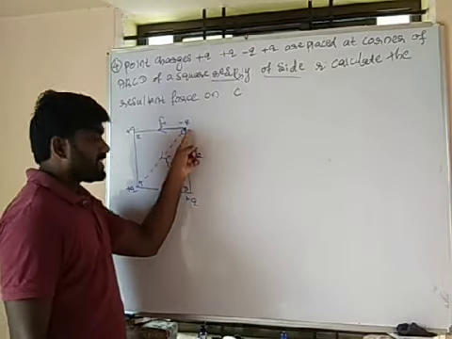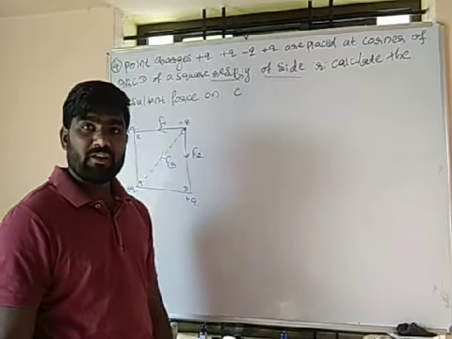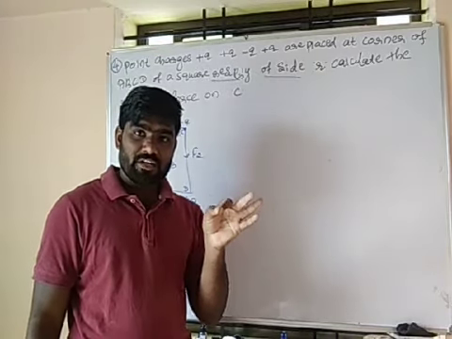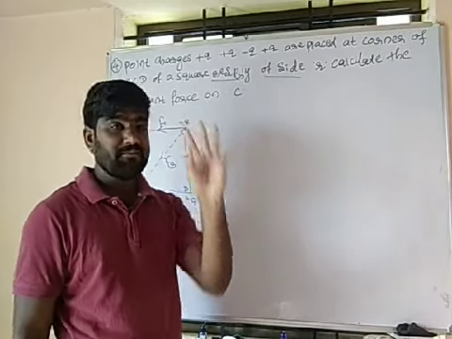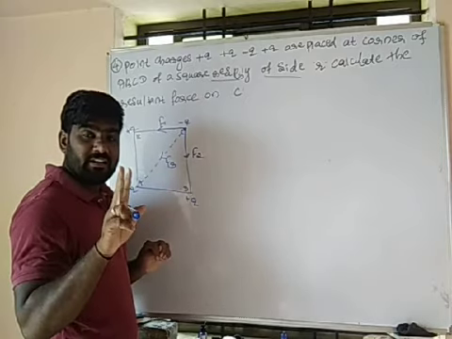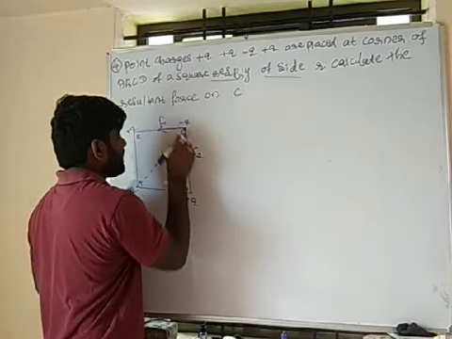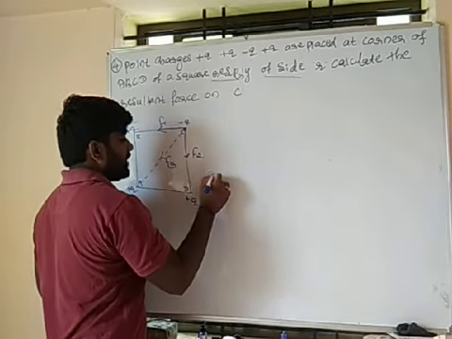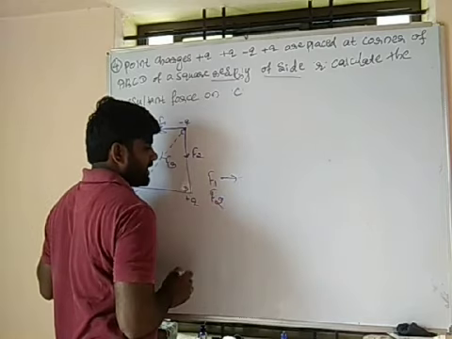So how to calculate F resultant? F resultant can be calculated by F is equal to F1 plus F2 plus F3. But how to calculate this F1 and F2? By using the vector law of addition. First I have to calculate F1, again I have to calculate F2.